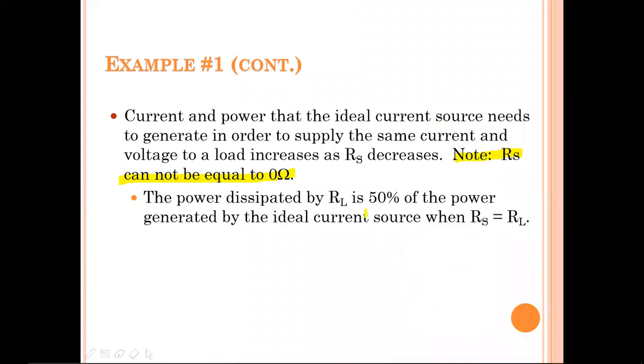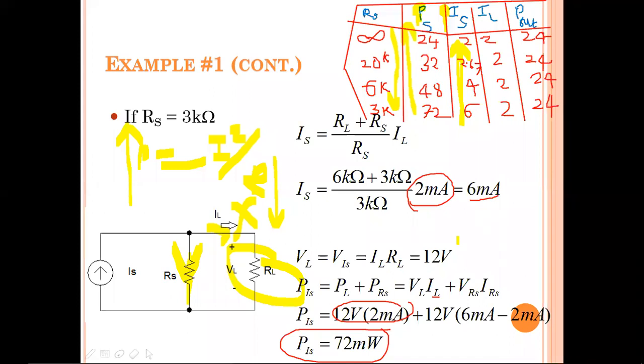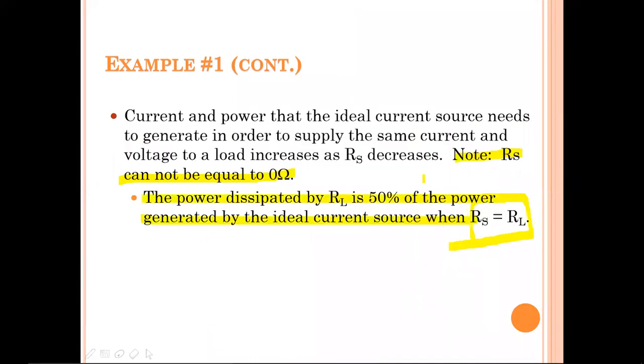So this point means the power dissipated by the load is 50% of the power generated by the ideal current source when Rs is equal to RL. When the load is equal to the source, meaning the output load is equal to the input resistance, then 50% of the power is consumed by the load itself.